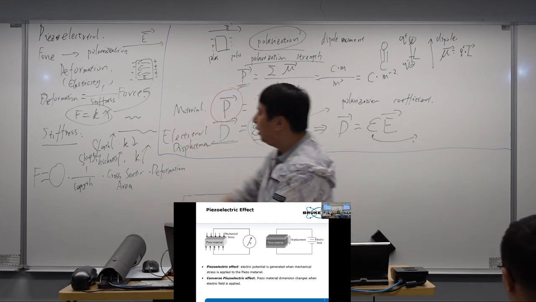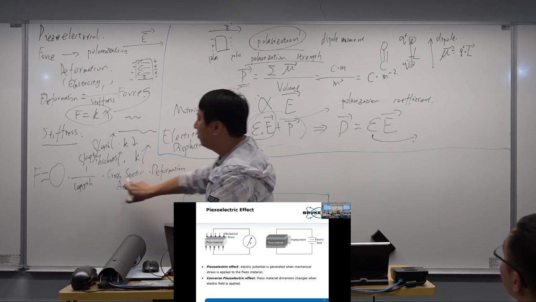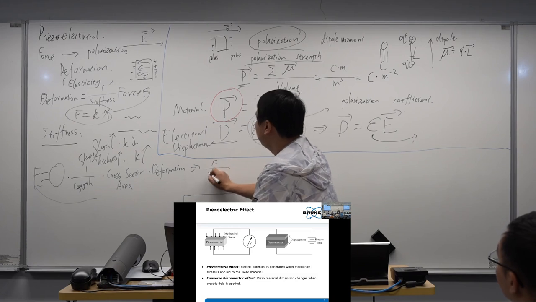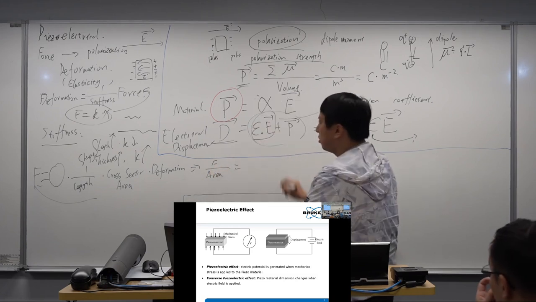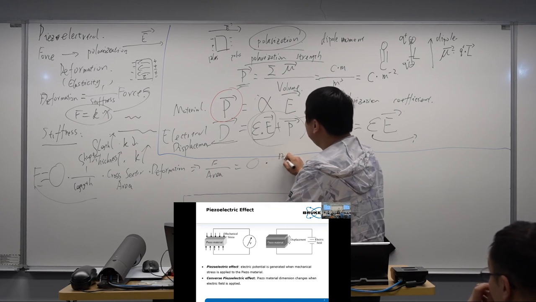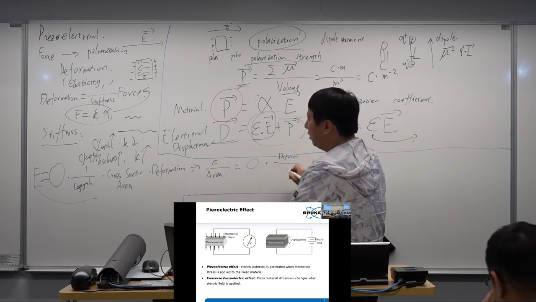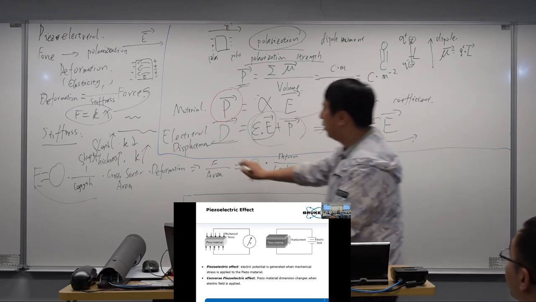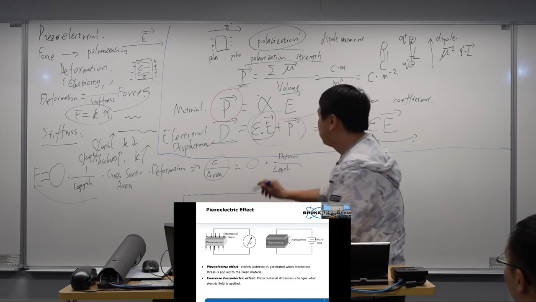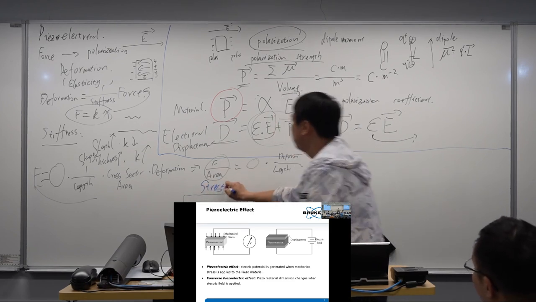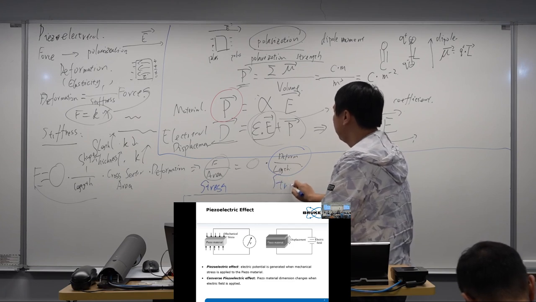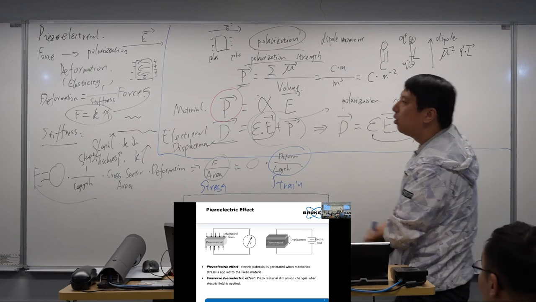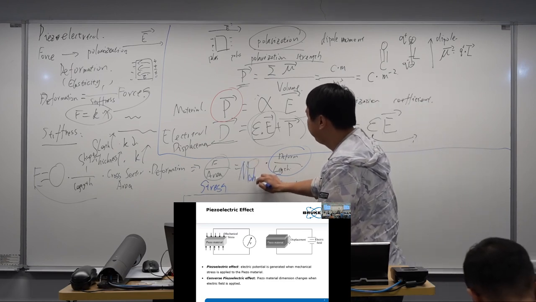Then we move this cross-section area to this side. We get F over area equals something times deformation divided by length. Okay, so we call this stress. We call this strain. And of course, the material's intrinsic property, we call it modulus.